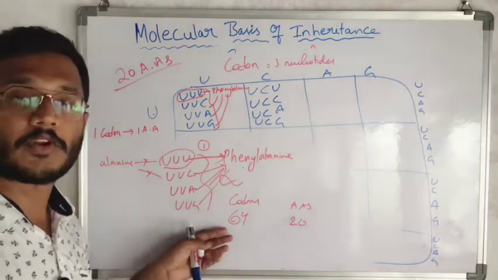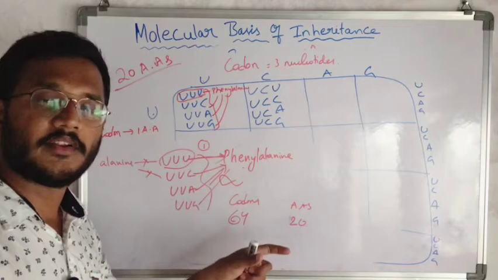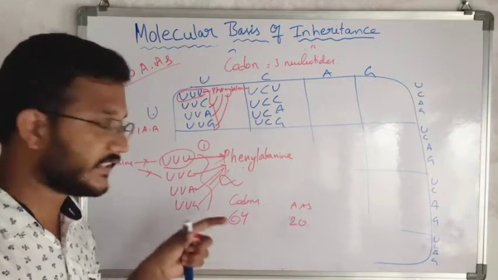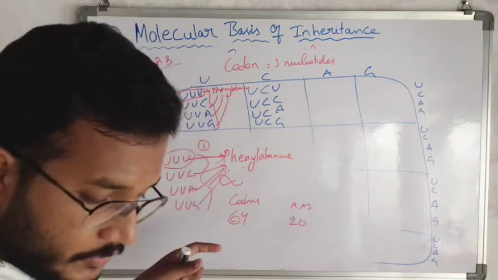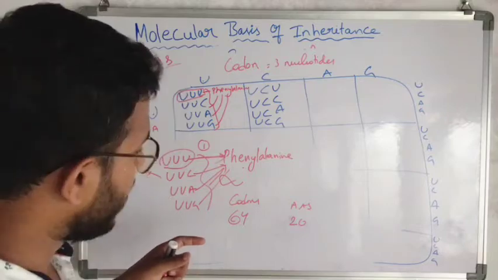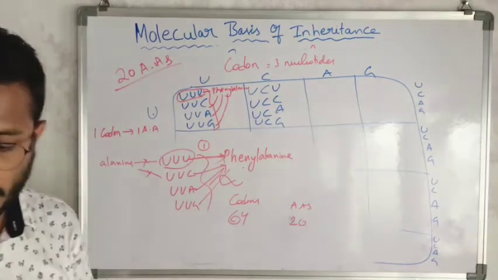That means more codons are coding for a particular amino acid. So this is the difference you have to observe. So that is also a property of the genetic code.